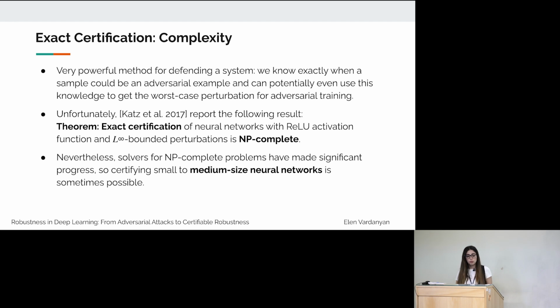But the problem is that exact certification of neural networks with ReLU activation has been proved to be NP-complete in the case of L infinity bounded perturbations. But we'll still go a little bit into that, since modern algorithms that solve these NP-complete problems still perform pretty well in the case of medium-sized neural networks.